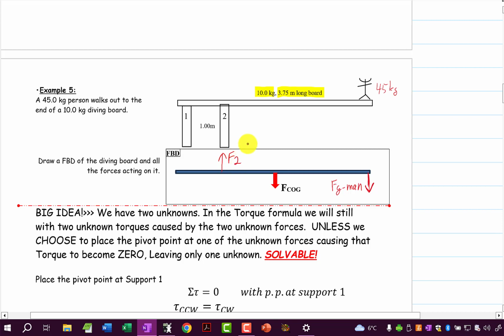A lot of people will look at this and think that 1 is pushing up as well, but it isn't. Just imagine if 1 broke, if this broke here. If the person is standing on the diving board, this would flip up. It would pivot around this point.